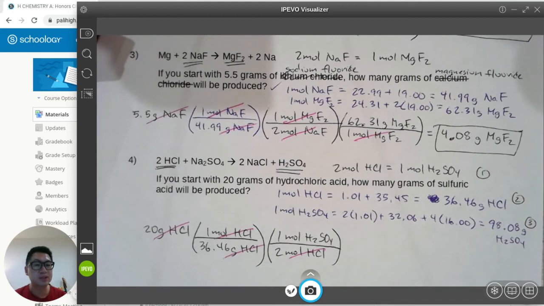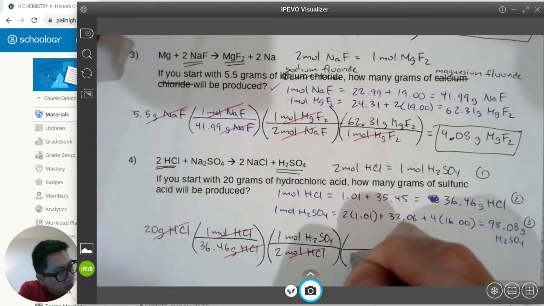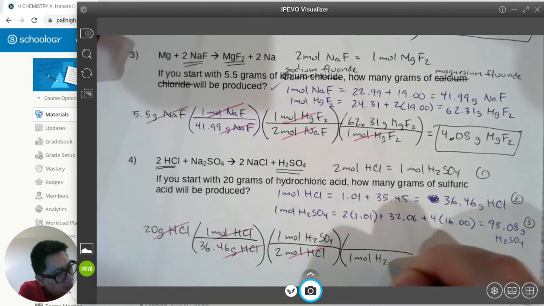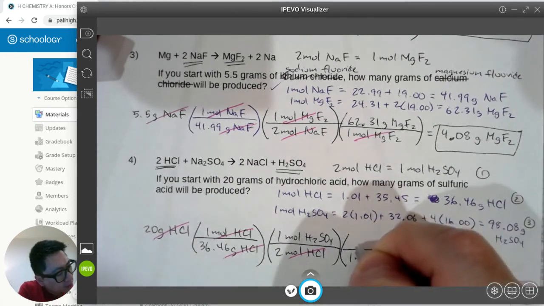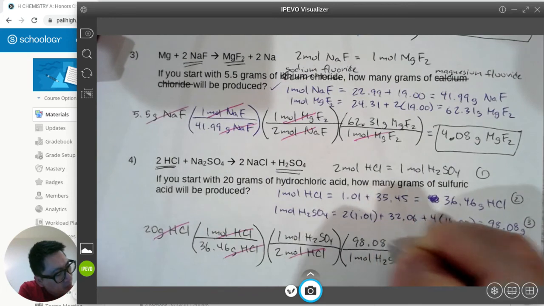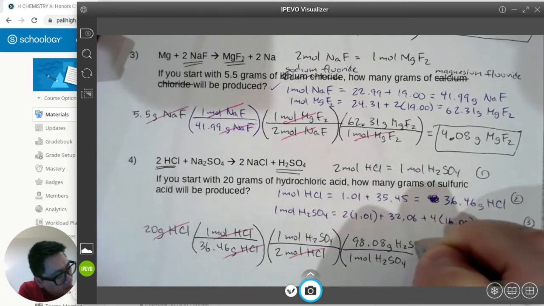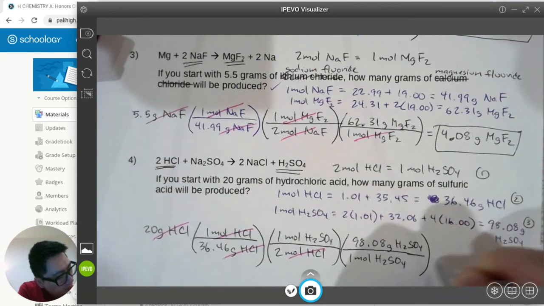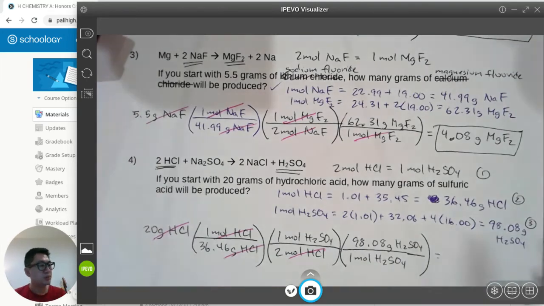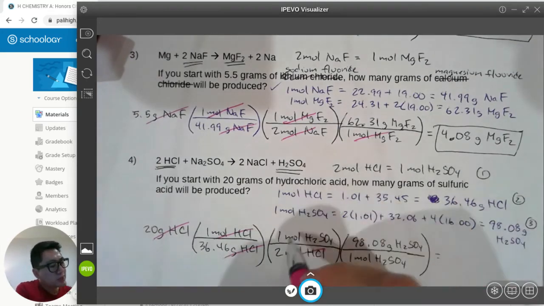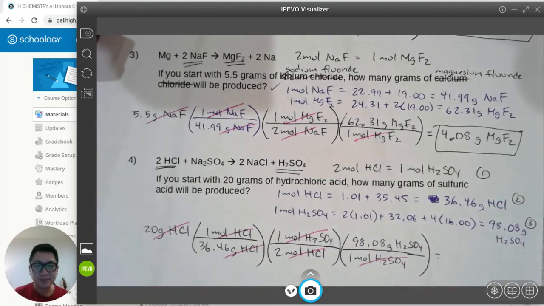Now I have moles of H2SO4. The question doesn't ask how many moles of sulfuric acid, the question is how many grams. I'm going to use this third conversion factor. I know that 1 mole of H2SO4 weighs 98.08 grams. That was the molar mass I found and numbered 3. Now moles of H2SO4 cancels out.